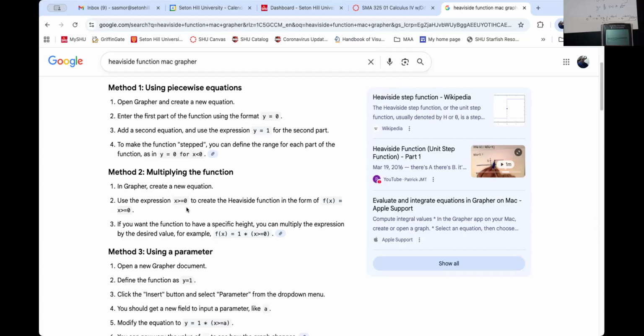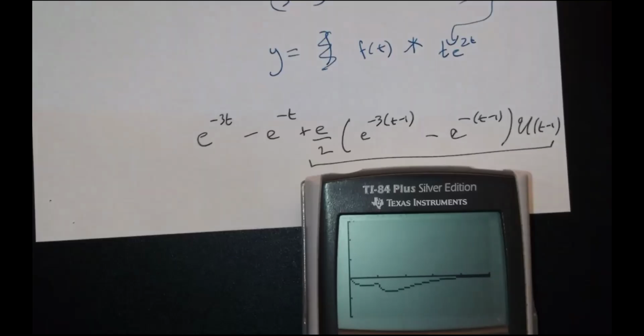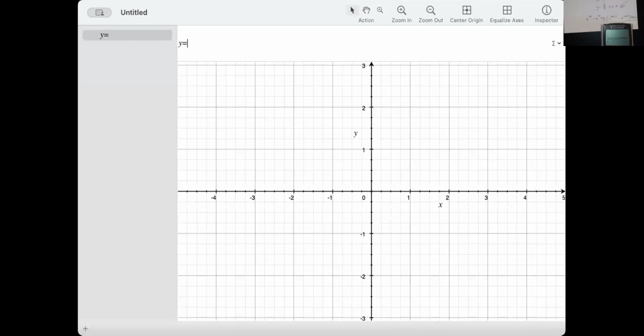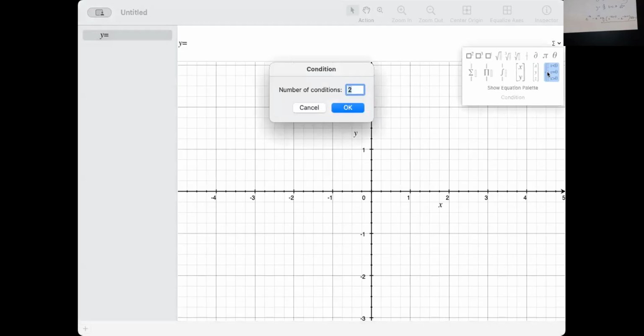Or I can do it as pieces. So launch Grapher. Okay. So if I were going to do this in the Grapher, I'd need a piecewise function. So if I go over to the inspector, move this out of the way, I can create a piecewise function like this, but it's only going to have 2 conditions.